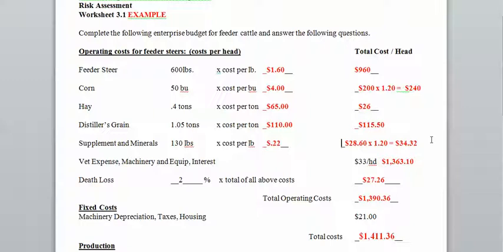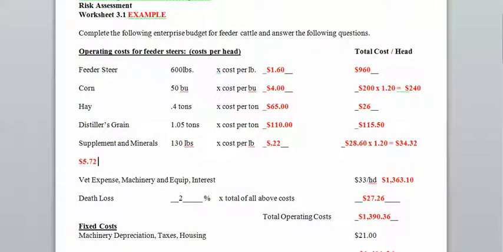So we increased corn by 40 bucks. It looks like we increased supplement and mineral by $5.72. So we have a $5.72 increase in supplement and minerals and a $40 increase in corn. That's a new increase overall of $45.72.